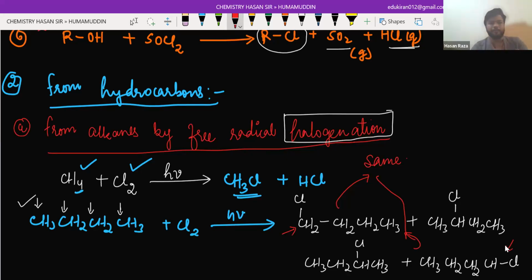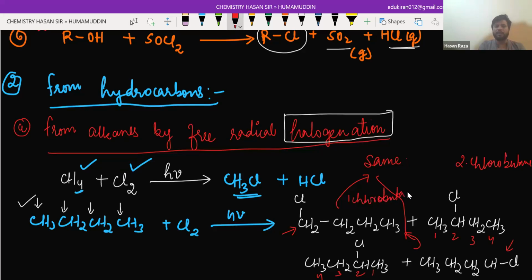And if you have obtained more than one product which has same IUPAC, that means they are identical. And this will have name 1, 2, 3, 4 and 1, 2, 3, 4. This second and third product is 2-chlorobutane. 2-chlorobutane. And this has name 1-chlorobutane.